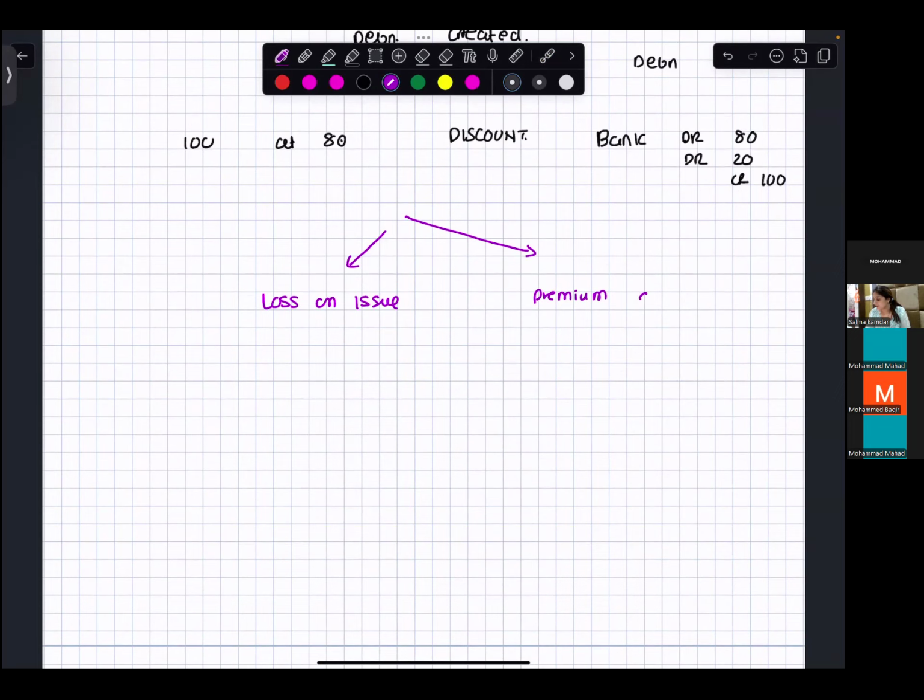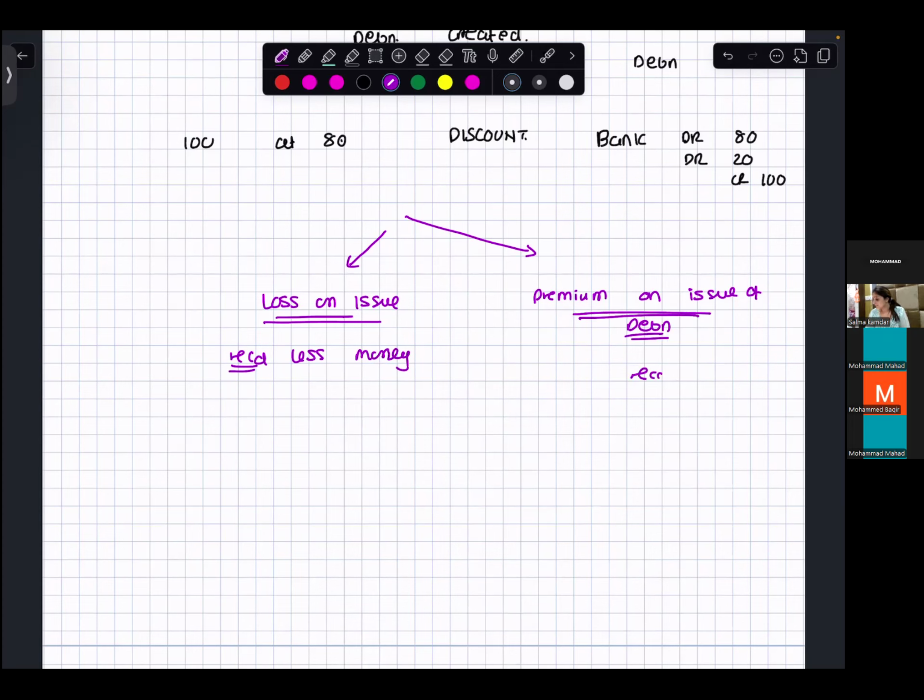Can you explain me the meaning of it? Loss on issue of debentures is basically when the debentures are issued for a smaller amount, you receive less money. And premium on issue of debentures is what?